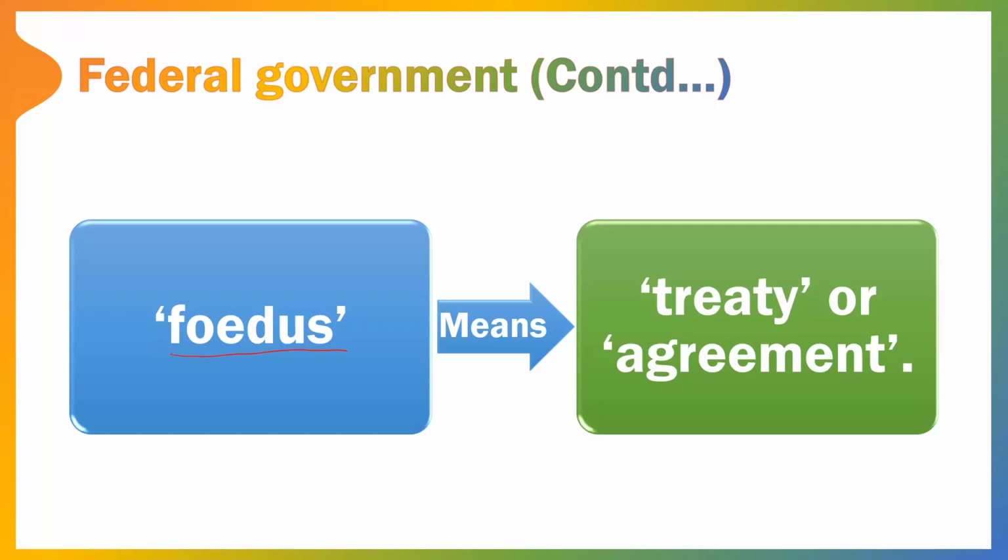This is a Latin word which means treaty or agreement. Thus, a federation is a new state or political system which is formed through a treaty or an agreement between various units or states.